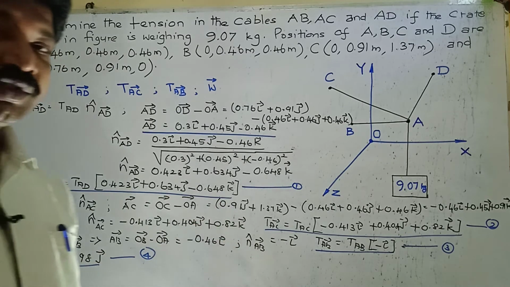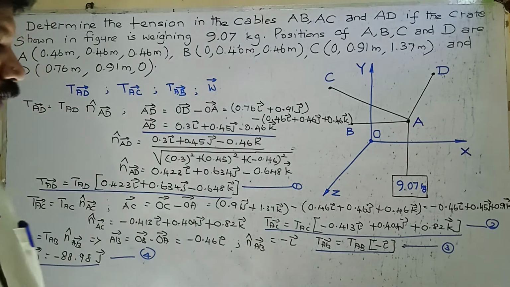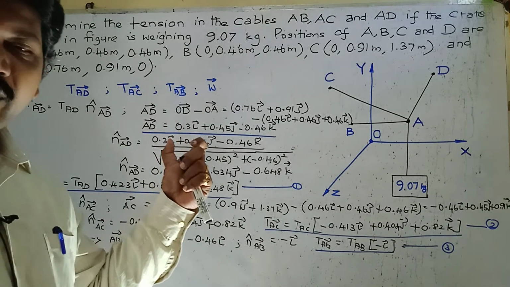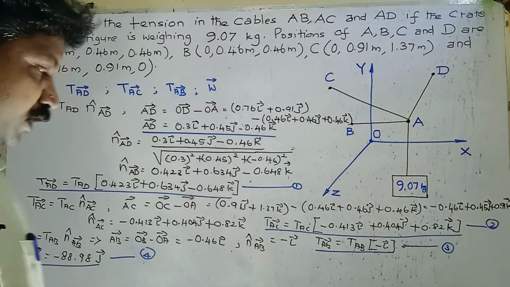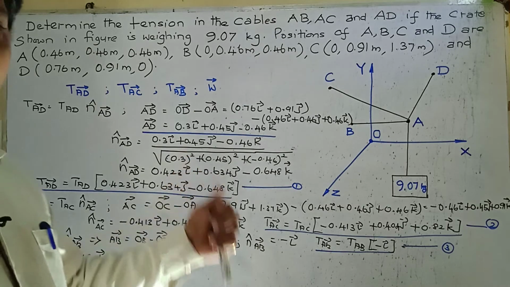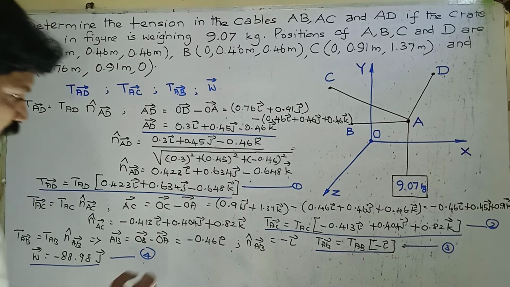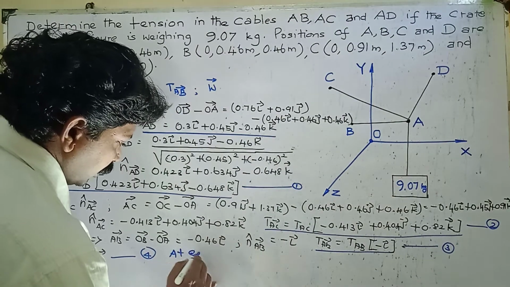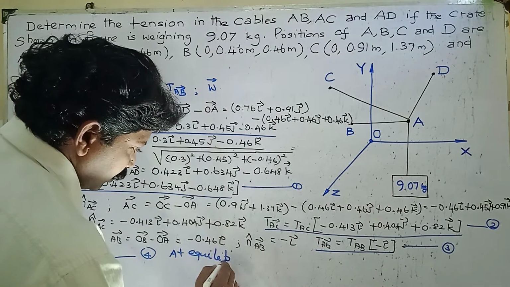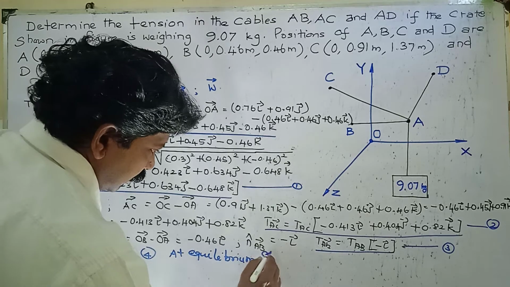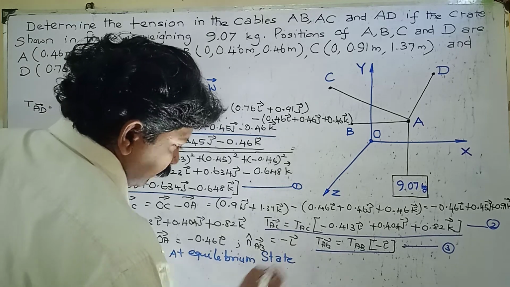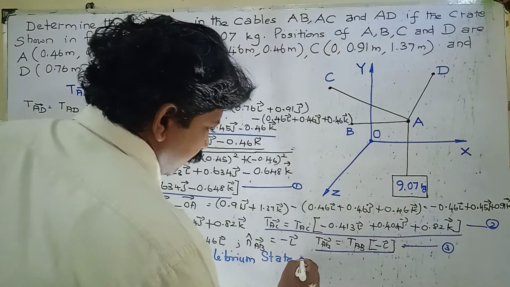Now at the equilibrium state, the algebraic sum of I vector components equals 0, the sum of J vector components equals 0, and the sum of K vector components equals 0. So first, the sum of I vector components equals 0.